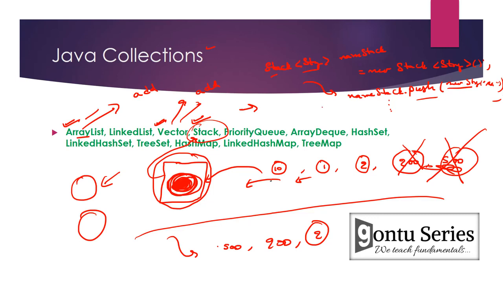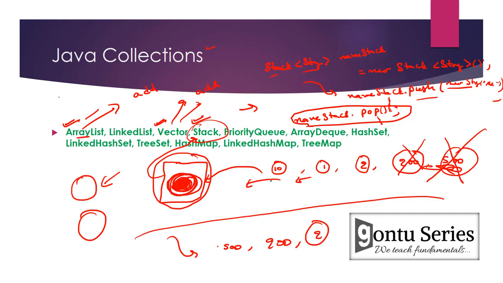And how to retrieve an element from the stack? By making call to its pop function. So what this pop function does, it's going to retrieve the last element of the stack. So this is what it's going to do. In case of ArrayList and vector, how were you retrieving any element?